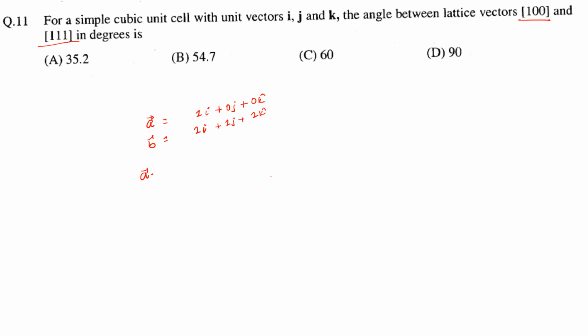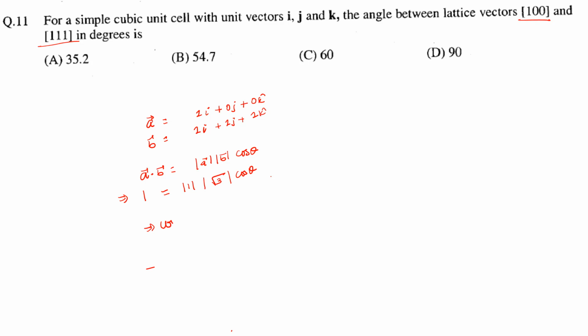To find that, we need to do this dot product. So it will be modulus of a into modulus of b into cos theta. So a dot b will be 1 into 1, and 0 and 0, that will be 1. So 1 is equal to mod a, which will be 1, and mod b, which will be root over 3, into cos theta.